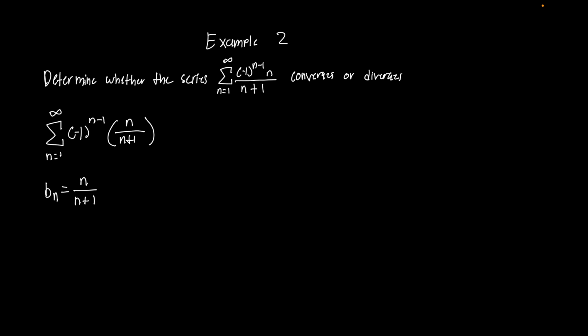Now you want to check whether it's decreasing, right? So you check whether our next term, b sub n plus 1, is less than our current term. We know what b sub n is, so b sub n plus 1 is going to be equal to n plus 1 over, we already have an n plus 1 at the bottom, so 1 plus 1 is 2, so n plus 2.